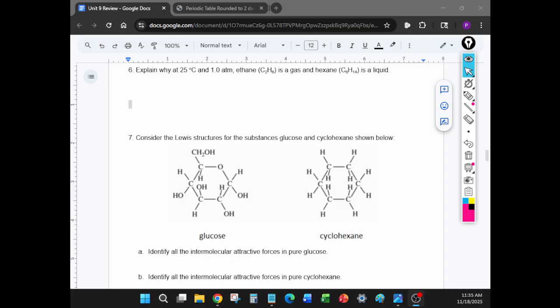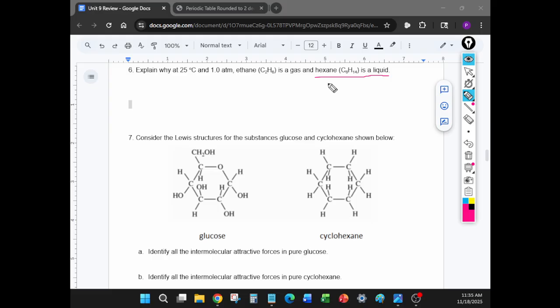All right, guys. So for 6, it tells you basically what you have. It tells you that ethane is a gas, and hexane is a liquid. So what this should automatically tell you is which one has greater intermolecular forces, ethane or hexane? Hexane.